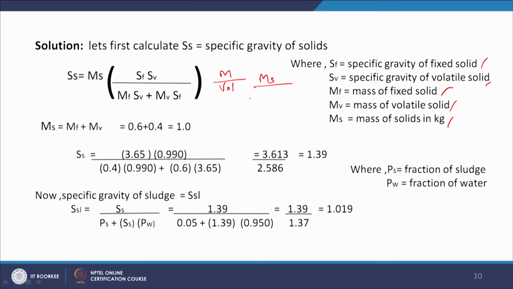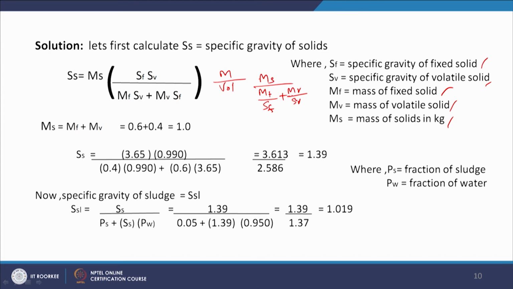So, now how will we get the volume? What is the volume? So, it is MF, mass of fixed solid, divided by SF, plus MV, mass of volatile solid, divided by SV. Okay.